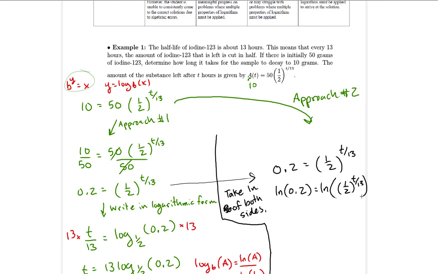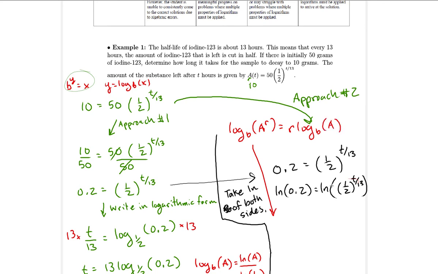Okay, why would I do that? The reason I would do that is because once you take the natural log of what's on the right here, we can then use the property that we learned that says if you have the log of something raised to a power, that power can come down in front.